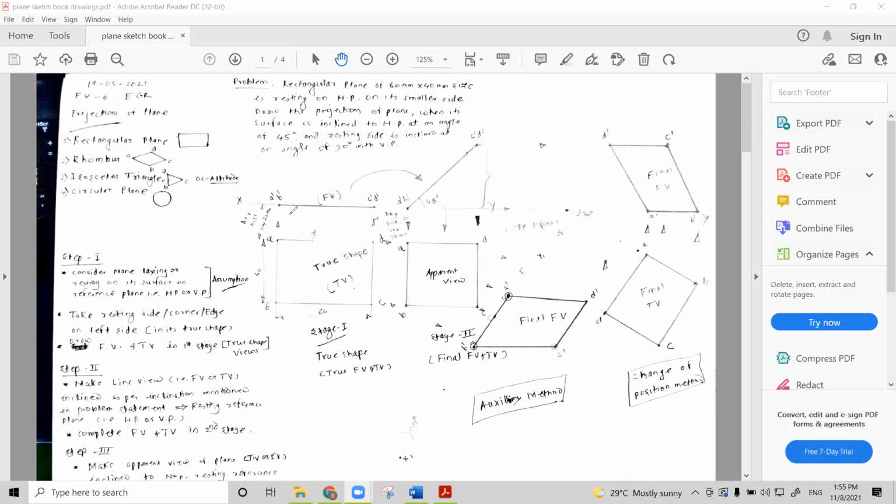Suppose at any distance from here, you mark the first point, and then you complete the rectangle considering the 40 millimeter side on its left side. Okay, and then complete this rectangle.